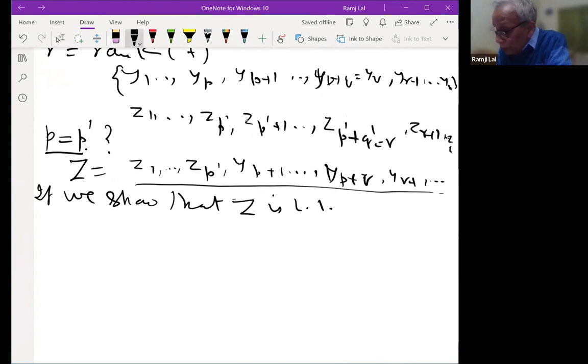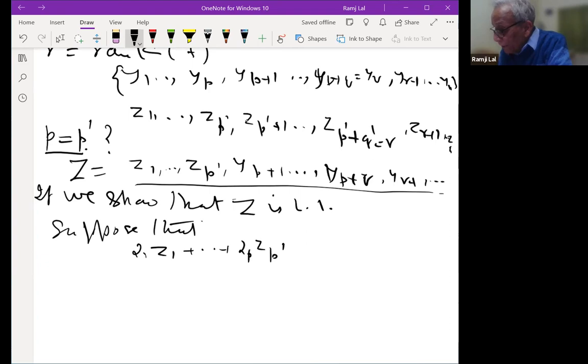So we prove that this is linearly independent. Suppose that alpha_1 Z_1 plus ... plus alpha_p Zp' plus alpha_{p+1} y_{p+1} plus and so on plus alpha_r y_r, plus these things, equals 0.